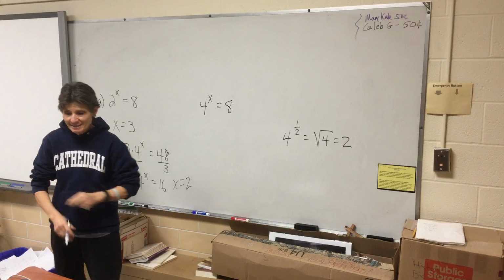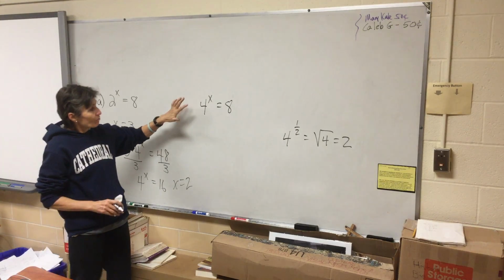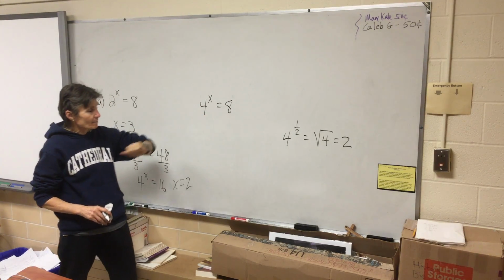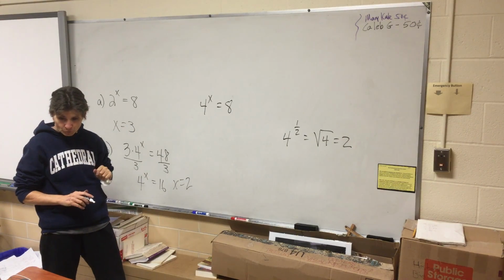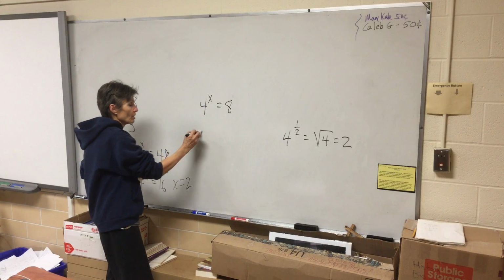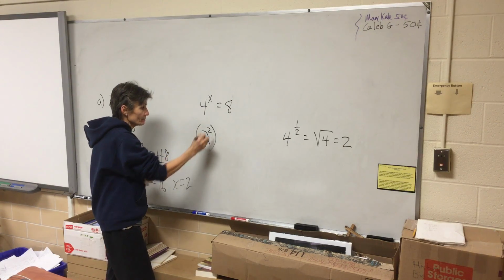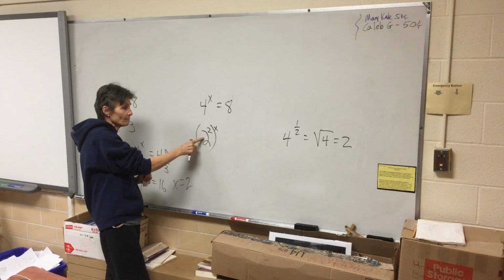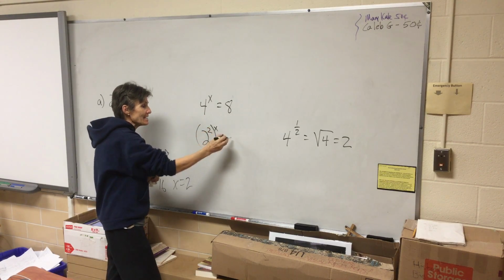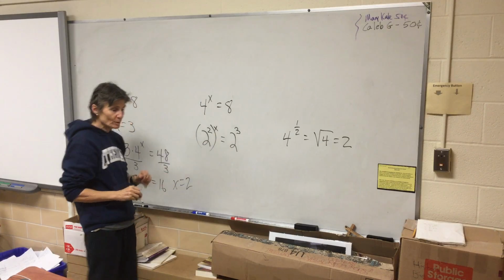Because what I want you guys to think about is 4 and 8 are both powers of 2. 4 is 2 squared. So I'm going to think of 4 as 2 to the second. And 8 is 2 to the third. We just talked about that.